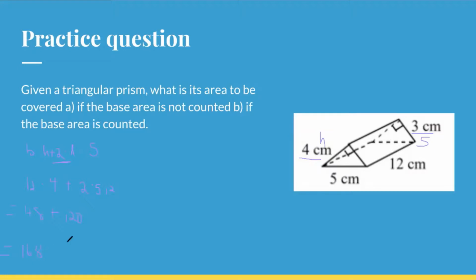168. And for the surface area, it will be the same, except that it also has the base area. So the formula is B times H plus 2L times slanted height plus length times base.